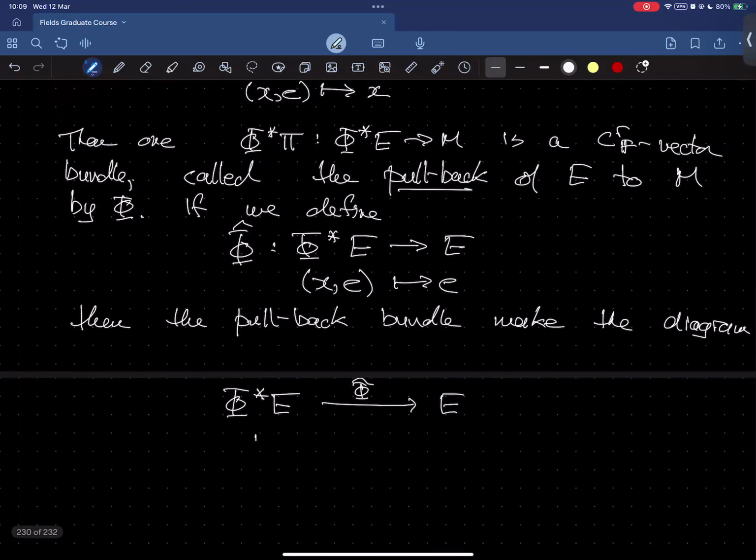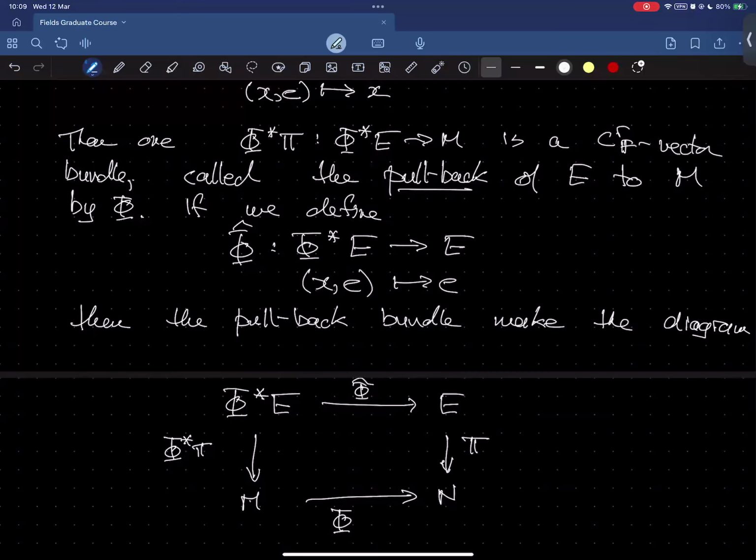Okay, and then this maps to also, and this is the vector bundle projection. Sorry, pi. And then here I have phi going from M to N like this.